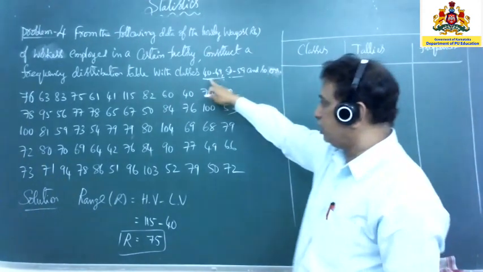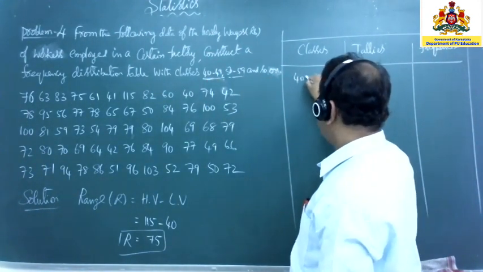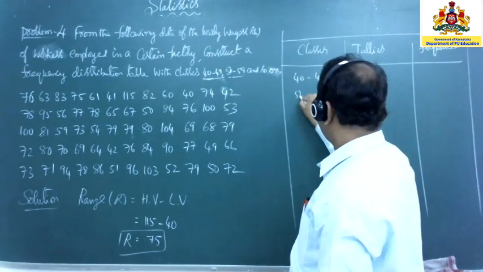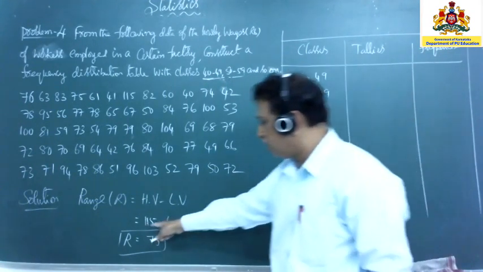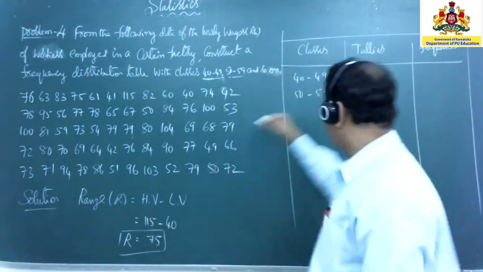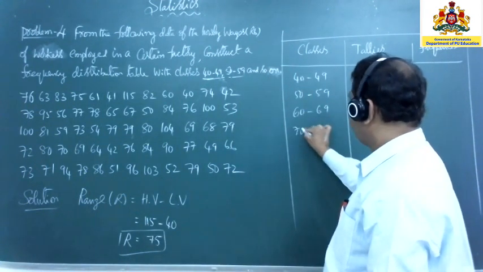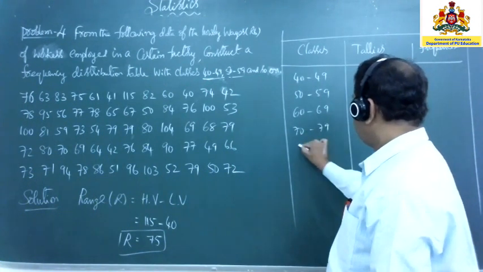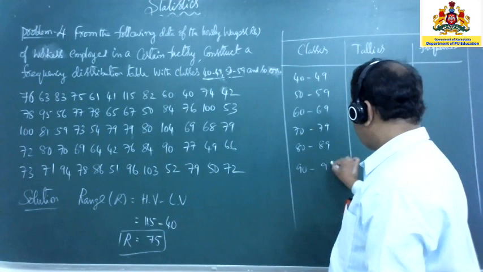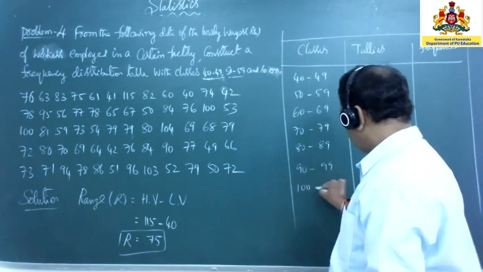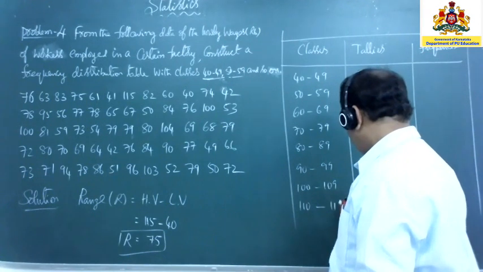You have to start the classes 40 to 49, 50 to 59 and so on. According to the highest value, write the classes 60 to 69, 70 to 79, 80 to 89, 90 to 99, 100 to 109, 110 to 119.